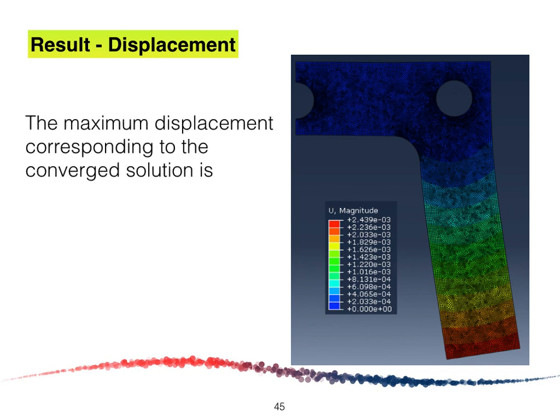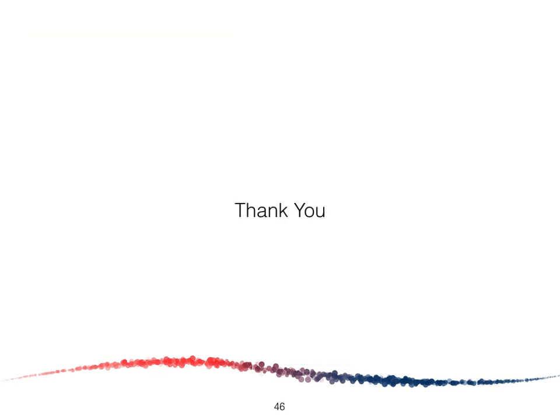The maximum displacement corresponding to the converged solution is 2.439 times 10 to the minus 3. What unit is this in? Because when we drew our model, we used SI units, so it is in meters, or I can say that it is 2.439 millimeters. Okay, so this will be the final solution. Thank you.